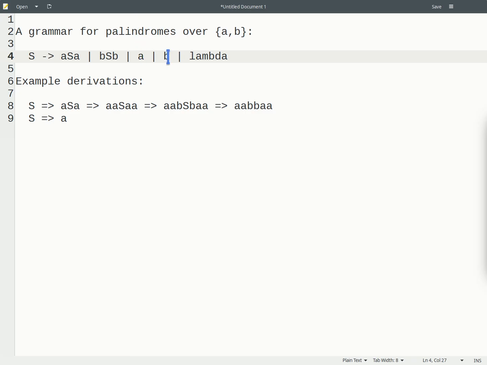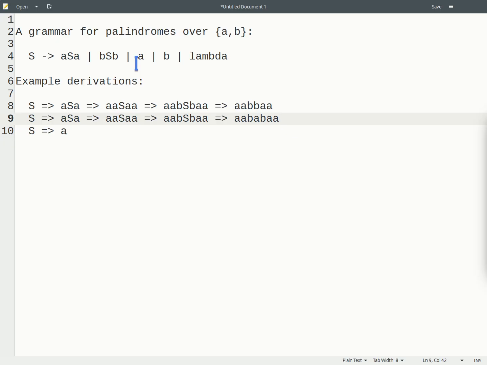Now, is this sufficient? Indeed, this is sufficient because now we can put a letter A or a letter B in the middle at the end. So for instance, if we take this derivation and we do not replace the S by lambda, but we replace the S by an A, let's say, we would get AABABAA.